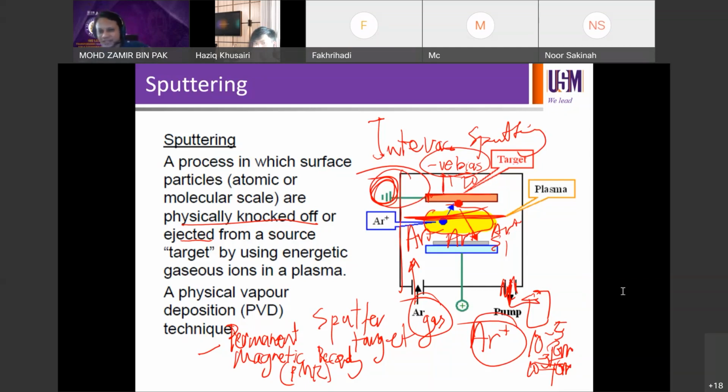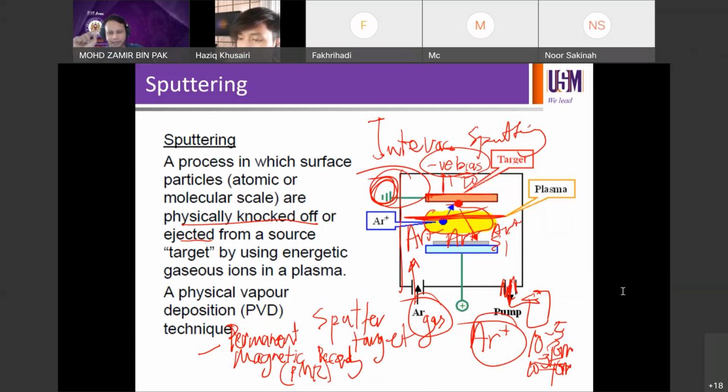We use ion to sputter, right? So we want ions to go to the target, right? If the ions do not go to the target, do we have sputtering? No. If ions are not going to the target, we don't have sputtering.